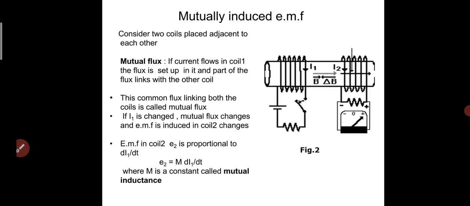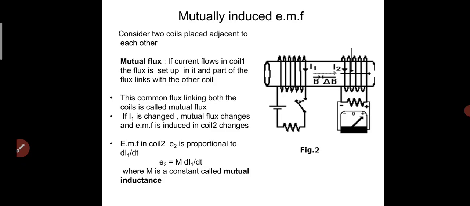If a current flows in coil 1, the flux is set up in it, and part of the flux links with the other coil. This common flux linking both the coils is called mutual flux.